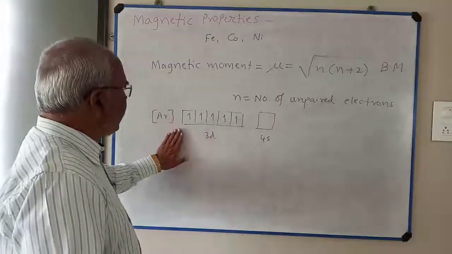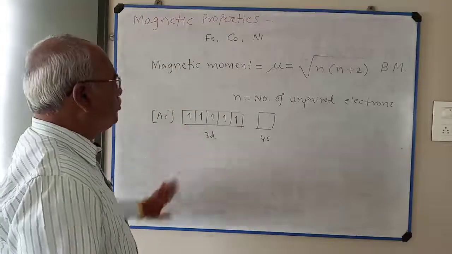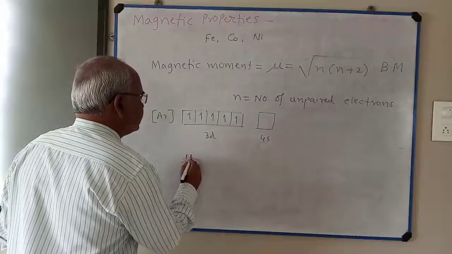Now for this ion, magnetic moment mu is calculated like this.